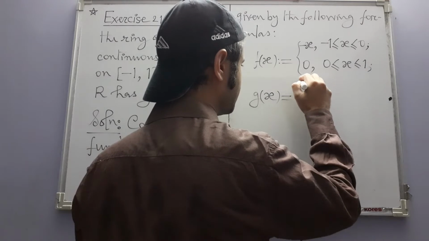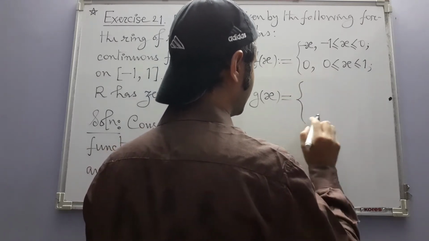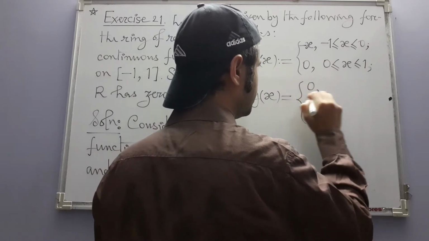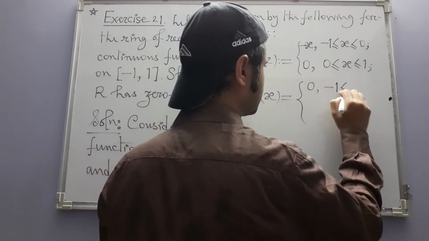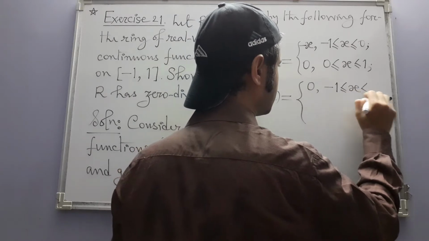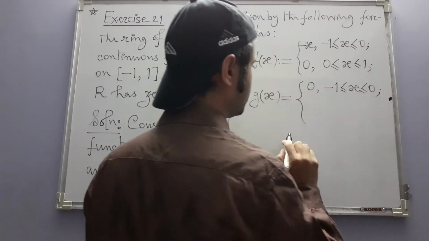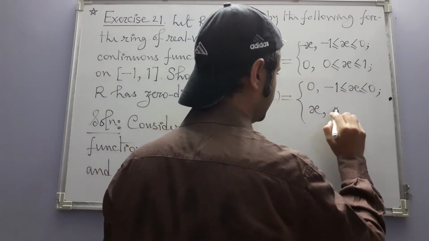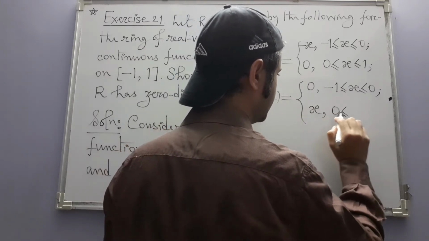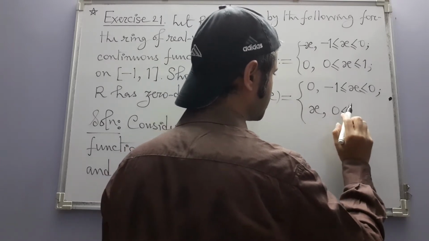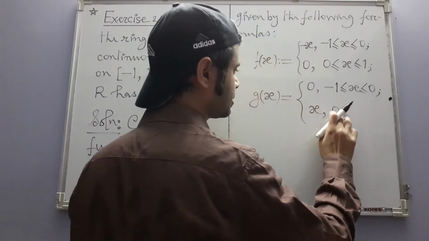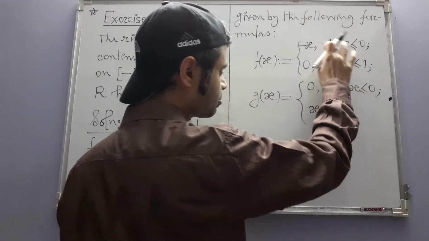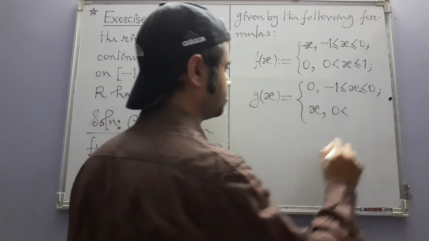And g of x is defined like this, partly of course just like f: 0 here, and x here. In this case also we can keep this option, or if you find it somewhat disturbing, you can in fact just simply keep these two parts of the domain disjoint.